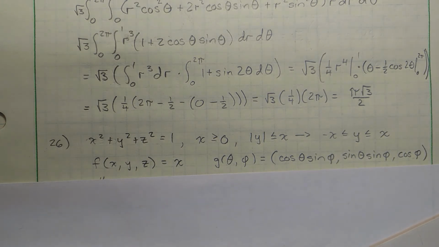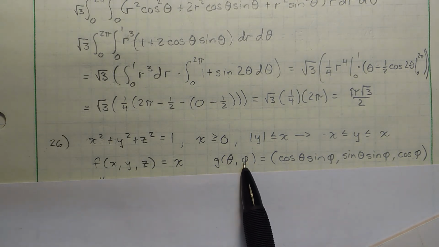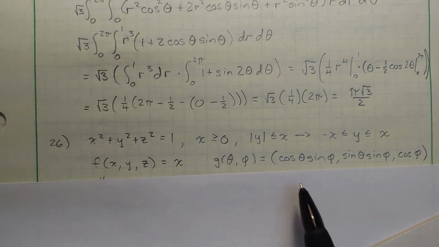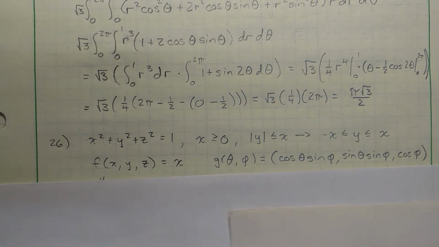So I didn't have to express this as g of theta phi and then some other function of theta and phi for z. I could just go directly to spherical coordinates, expressing the whole thing in terms of theta and phi. If the r was varying, then I would have a variation in the r, but the r is not varying here. So I just have my theta and my phi, and that's it.